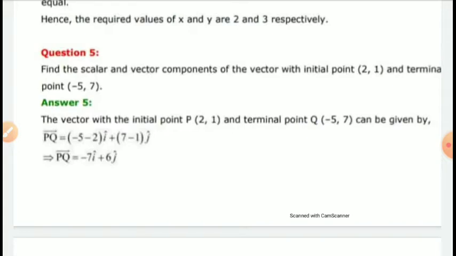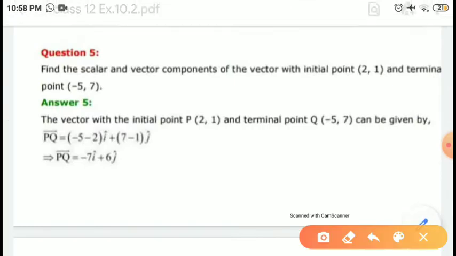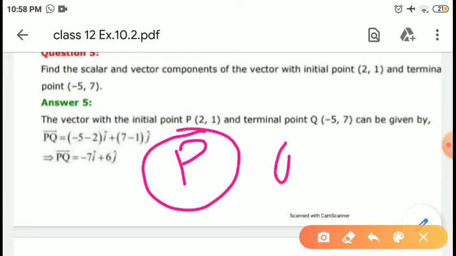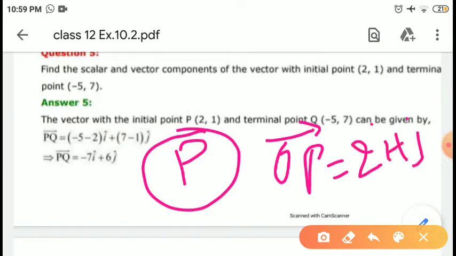So what that means, to find this one, this is given to you two dimensionally, so don't get confused here. So k will not be there here. Suppose you take P as the initial point, the position vector of this point will be OP, which equals 2i plus j.